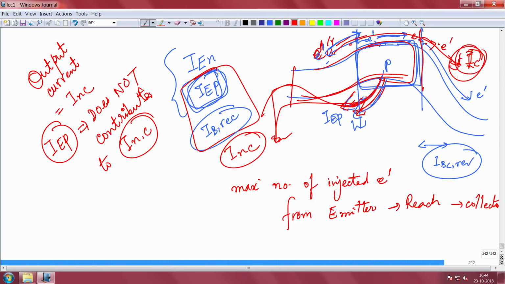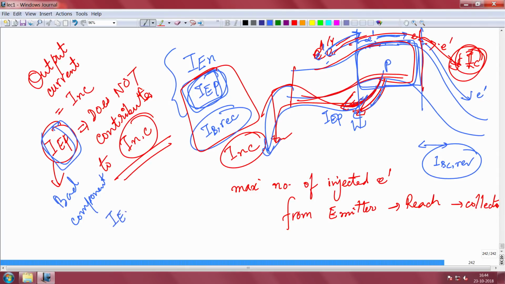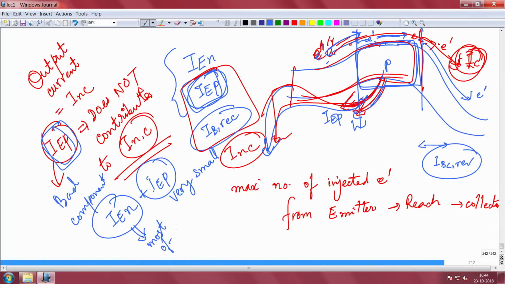So this is a useless component, a bad component of the current. Why? Because this component comes out through the emitter and does not contribute to the collector current. So in the total emitter current, I want this component to be as small as possible compared to the other component. I want most of the emitter current to be because of the electron current here, right.